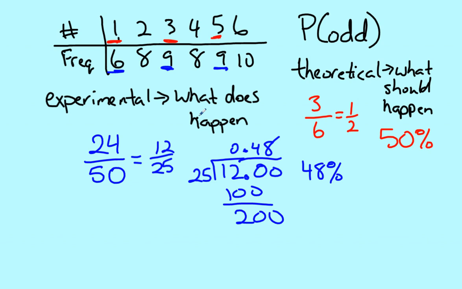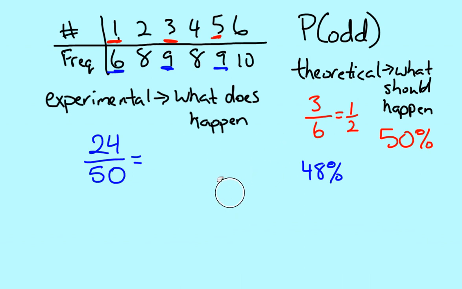Okay? But we have other options here. Since we're talking about percents, actually let me erase this here. I'll leave the answer because that's correct. No point erasing correct answers. Percents is always some fraction out of 100, right?